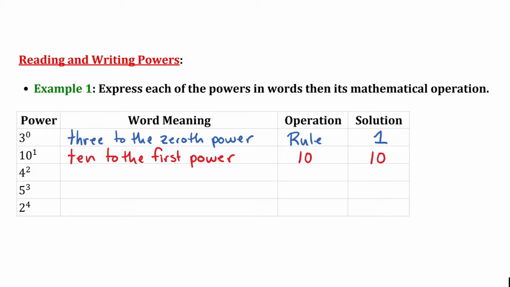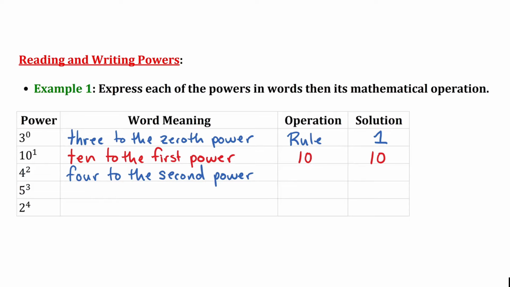Next, we have a base of 4 and an exponent of 2. So we're going to write our base, 4, and we're going to say to the second power. It's pretty common for people to also say the exponent is 2 to say squared.